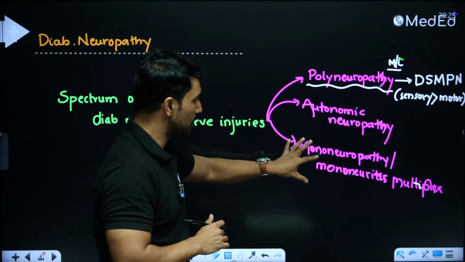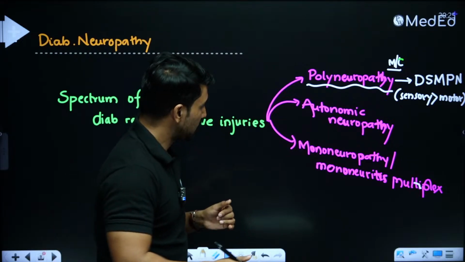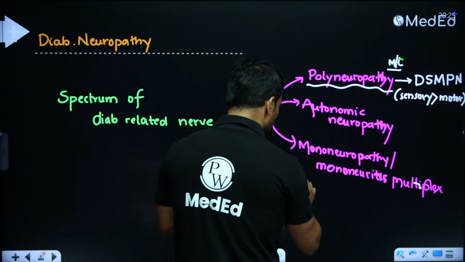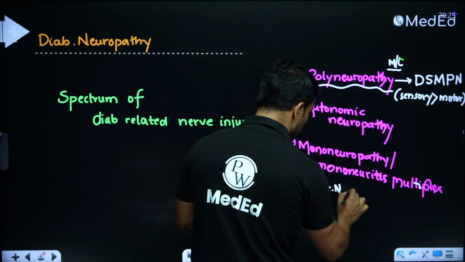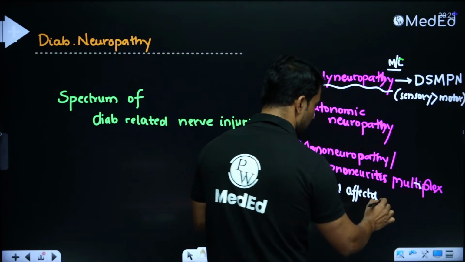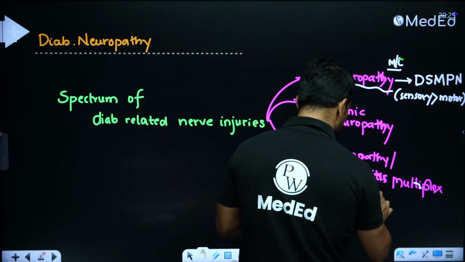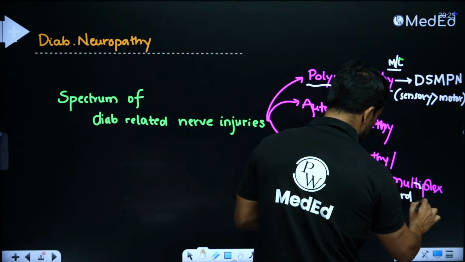One more MCQ point: mononeuropathy or mononeuritis multiplex, where single or multiple discrete nerves are involved. The most common cranial nerve affected is an MCQ asked. The most common cranial nerve affected is the third cranial nerve.